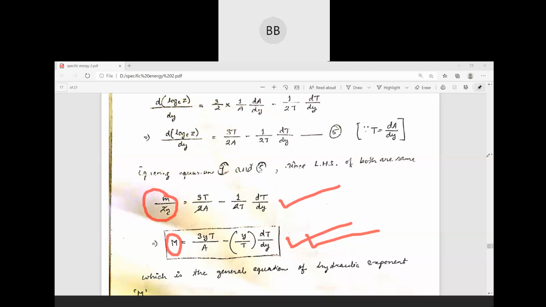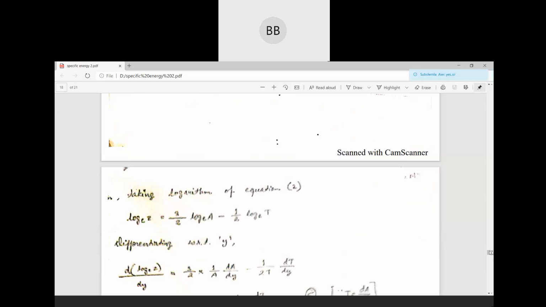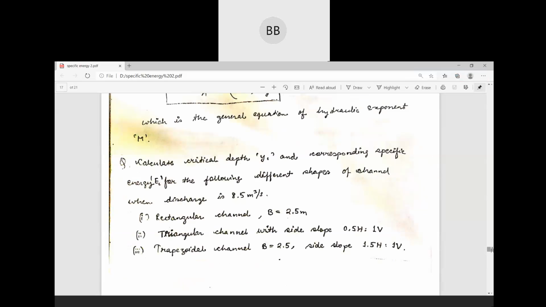Okay, done. Then we solve one numerical and then we move on to our next thing.